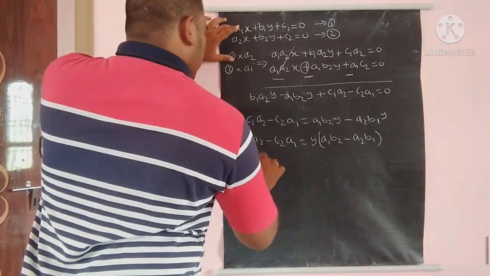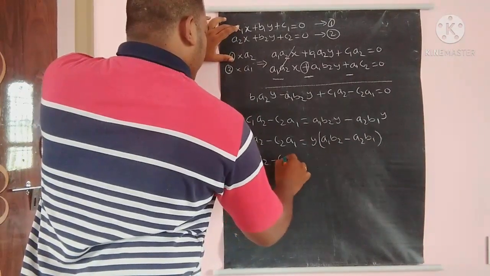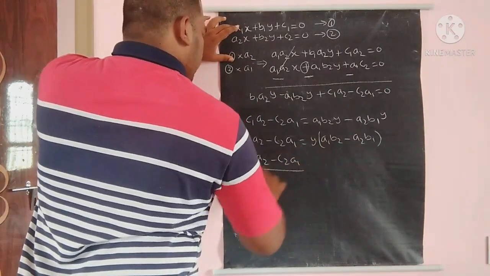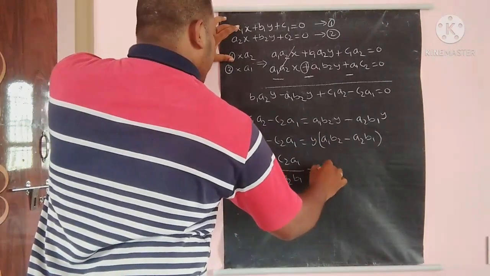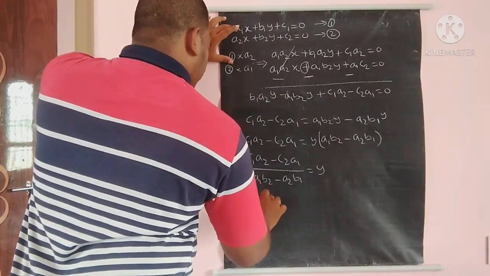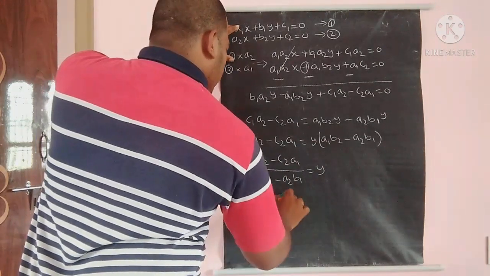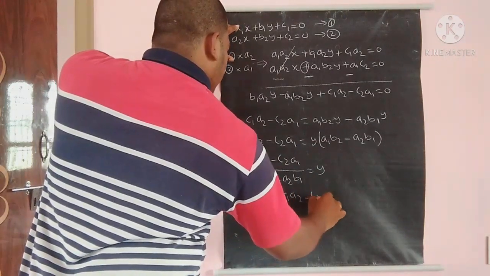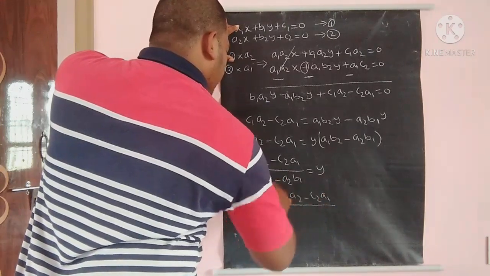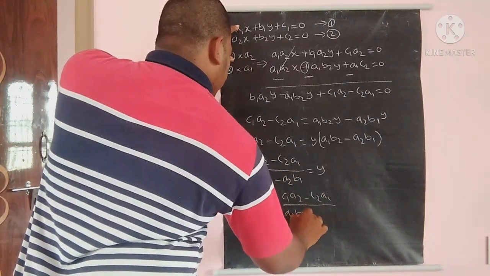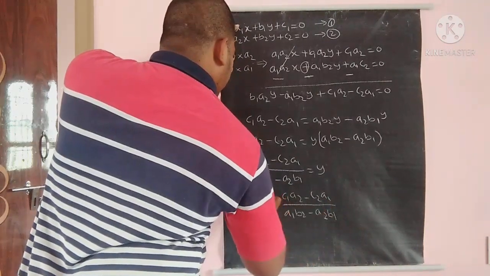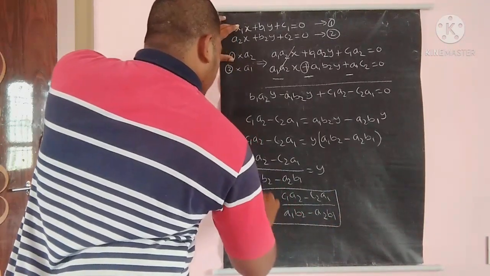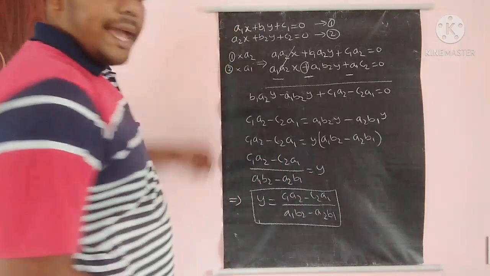So c1 a2 minus c2 a1 by a1 b2 minus a2 b1 is equals to y. Therefore finally we can write y is equals to c1 a2 minus c2 a1 by a1 b2 minus a2 b1. So this is the y value. We can find out x also.